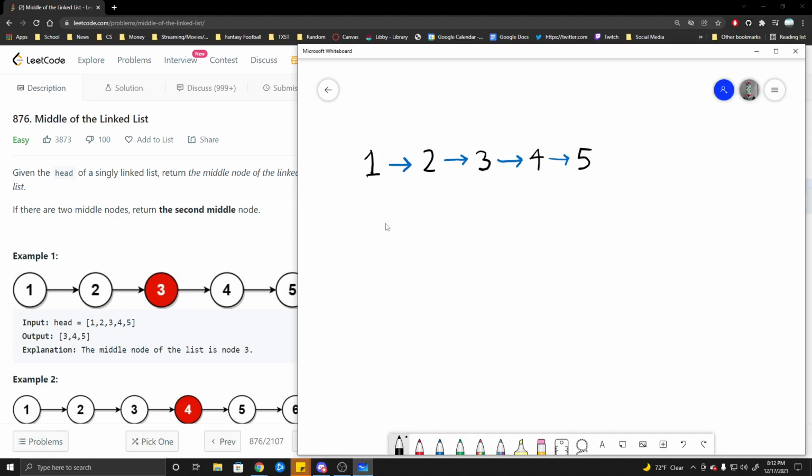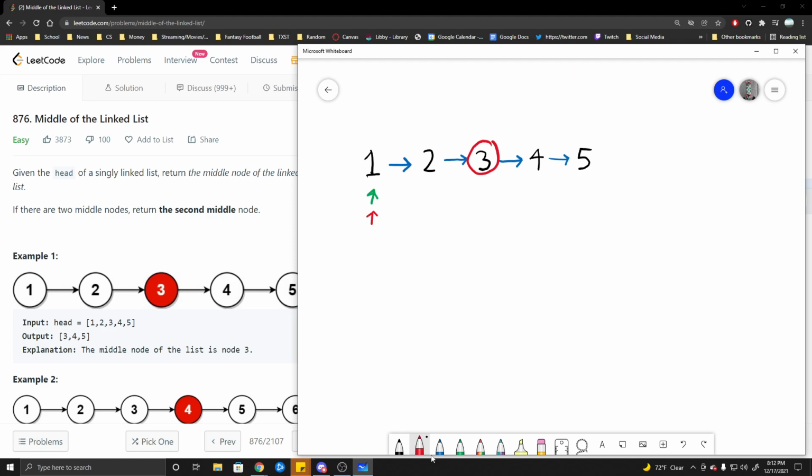We have the linked list 1, 2, 3, 4, 5, and we're looking for the middle, which is 3. This is the answer. What we're going to do is have a pointer fast that starts at the first node, and a pointer slow that also starts at the first node.